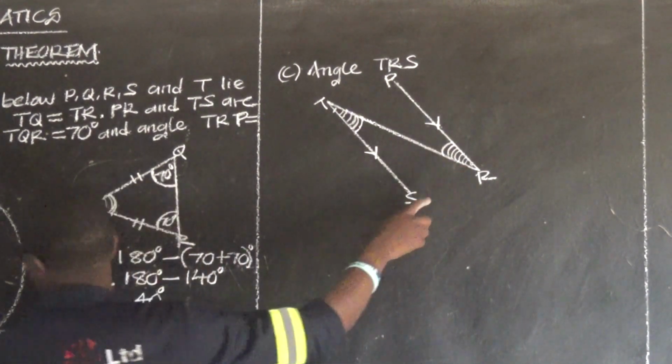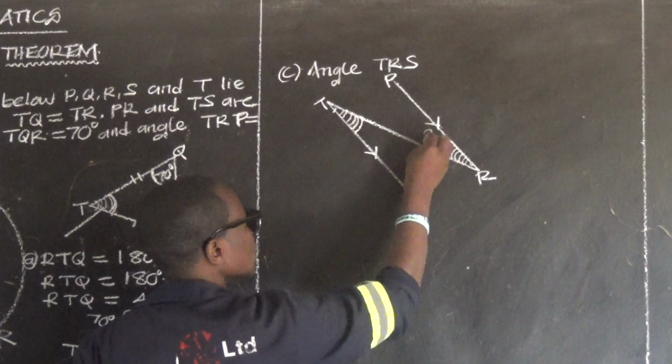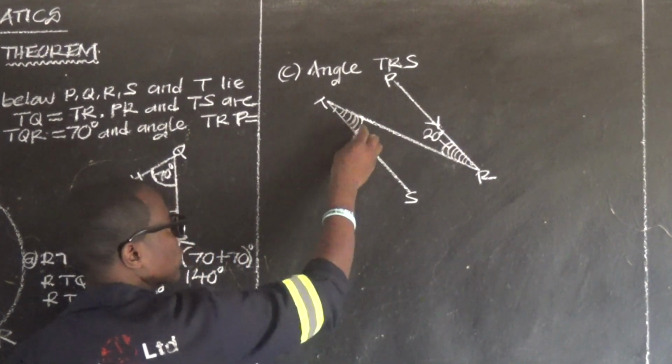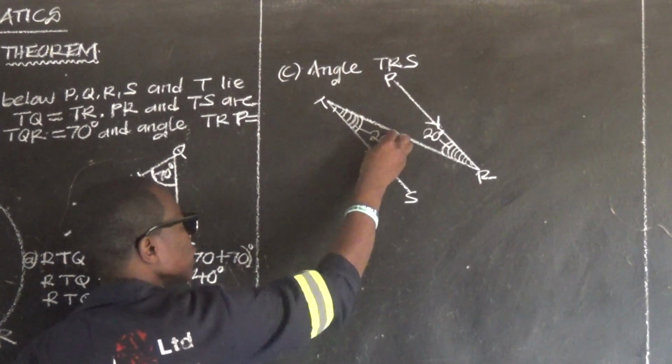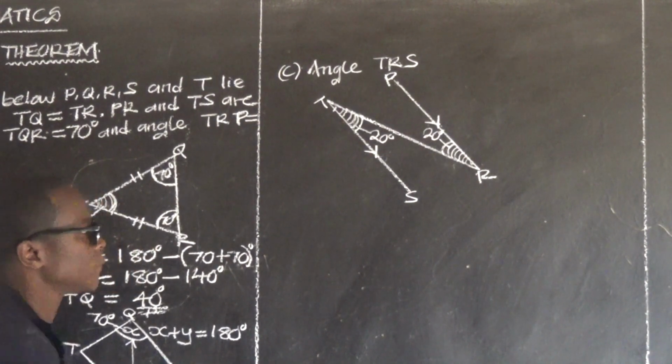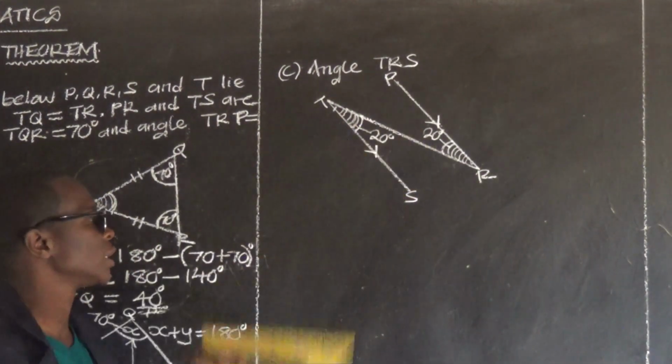We have been told this angle is 20 degrees. So if this is 20, this one is also 20 because they are alternate angles.